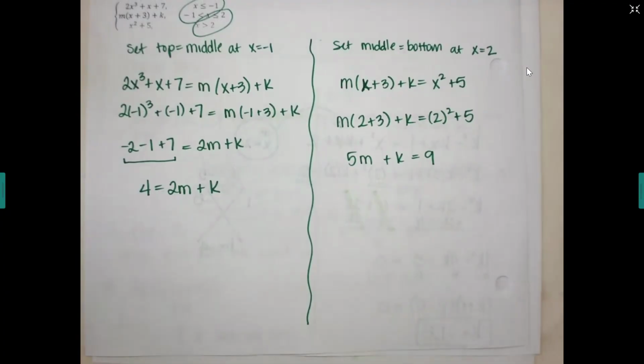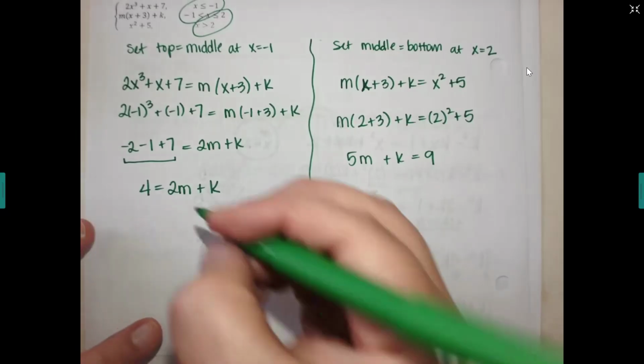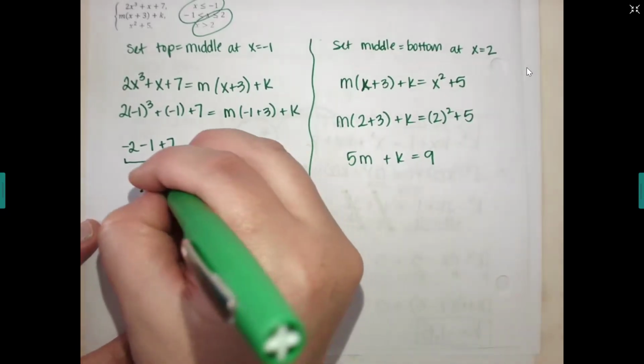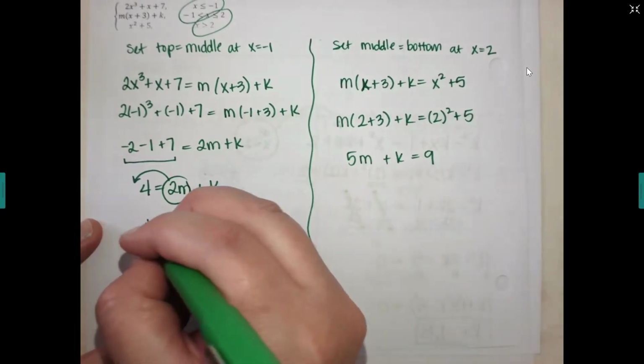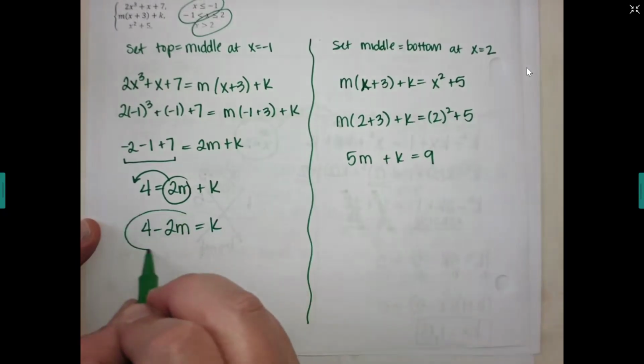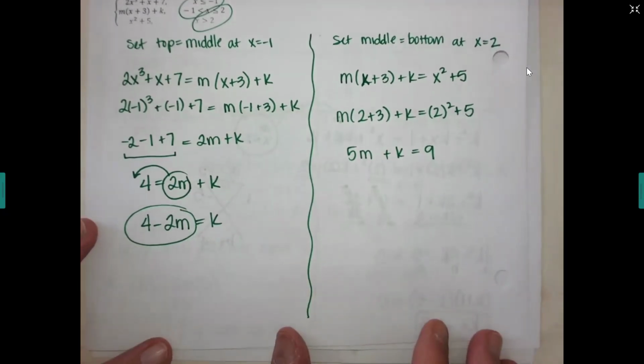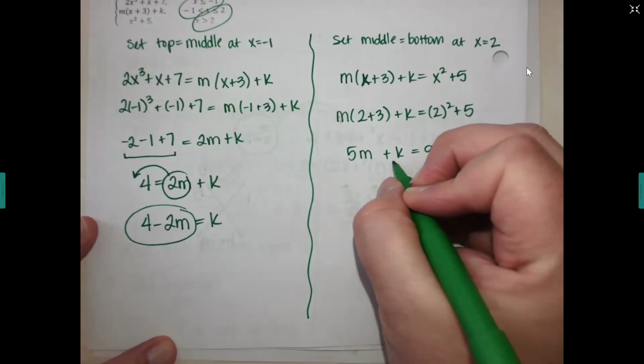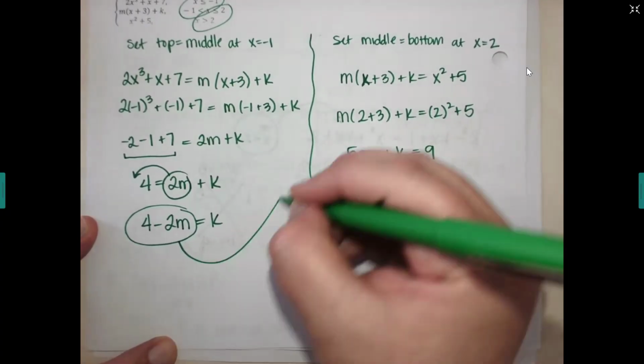What will it require of me if I just want k alone and there's a 2m added to it? Very good. So I'm going to take the 2m and subtract it across. So it's now 4 minus 2m is equal to k.